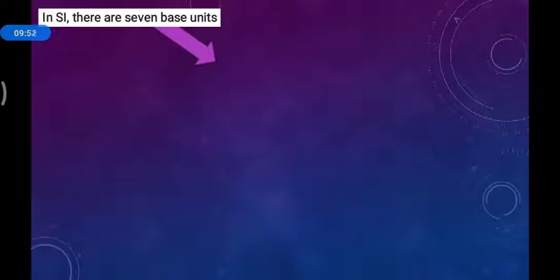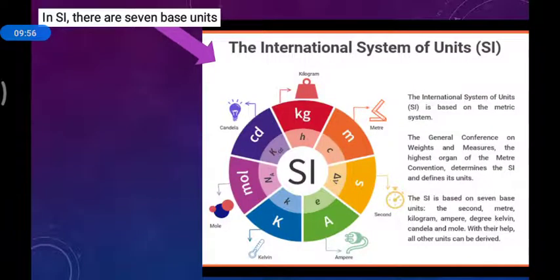And these SI units are like this: 1, 2, 3, 4, 5, 6, and these are 7. The international system of units is based on the metric system, meaning the meter and powers of 10.